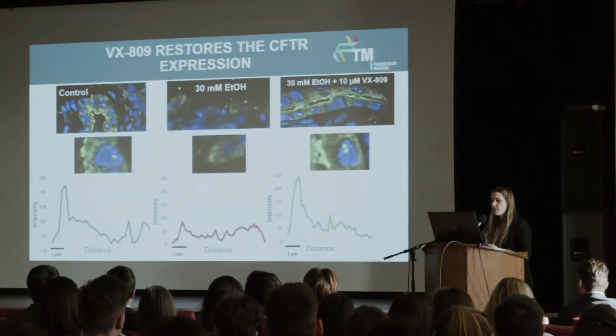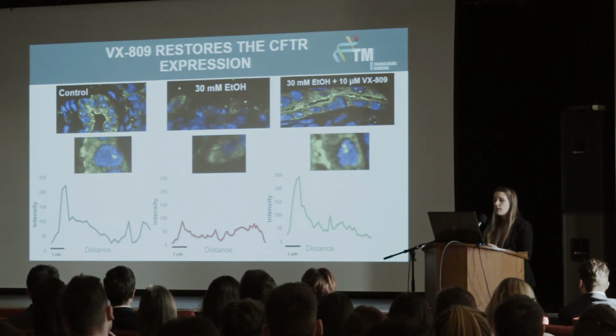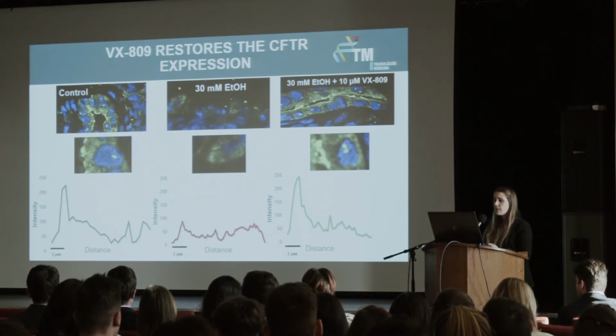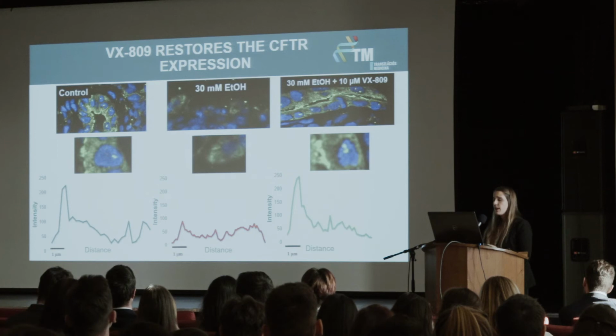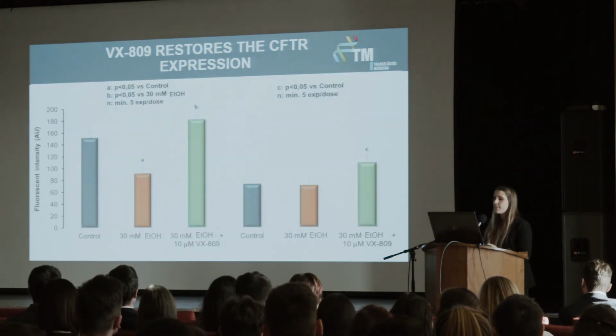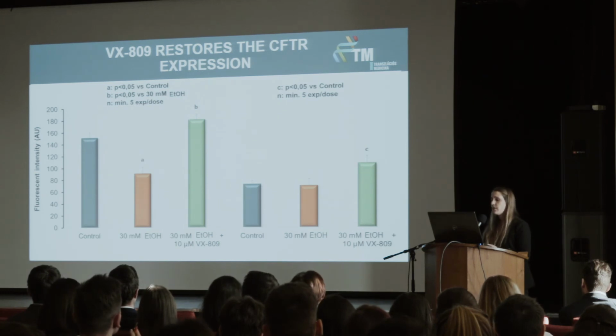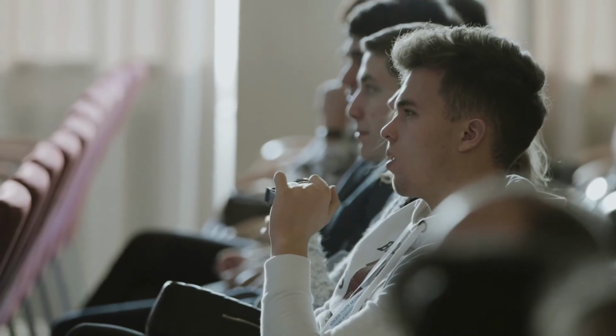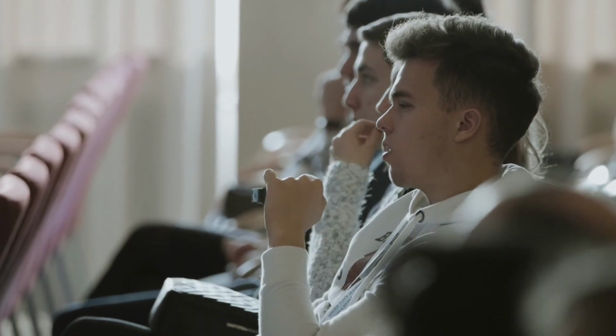And you can see that in normal conditions, there is a big peak in the intensity of the CFTR channel because at the apical membrane, you have the CFTR expression. This is completely destroyed due to ethanol, and if we add the corrector to our system, it's restoring. And also we quantified our results, and you can see the restoration of the CFTR channel in these sheets.